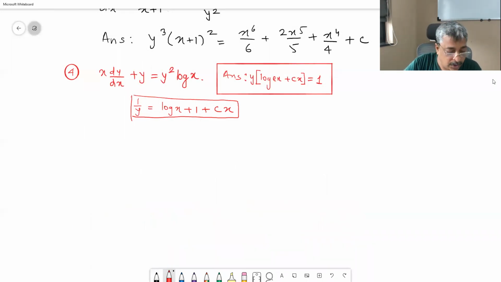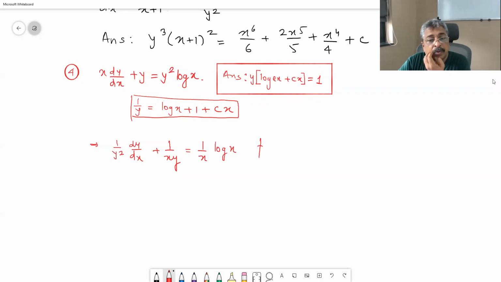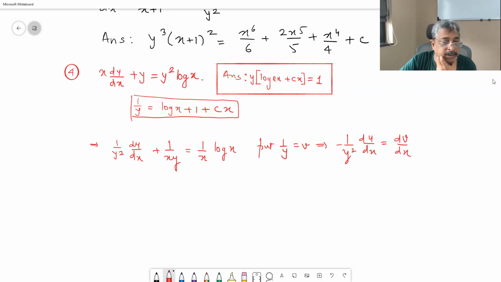This is given to us, which is equal to 1 upon y square dy by dx plus 1 upon xy is equal to 1 upon x log x. Put 1 upon y is equal to v, which implies minus 1 upon y square dy by dx is equal to dv by dx.